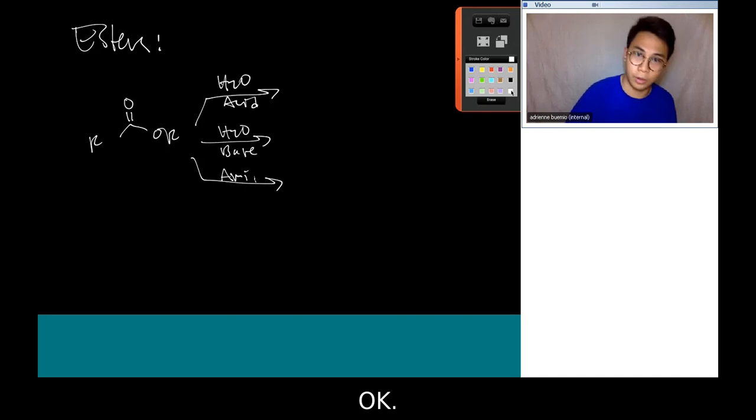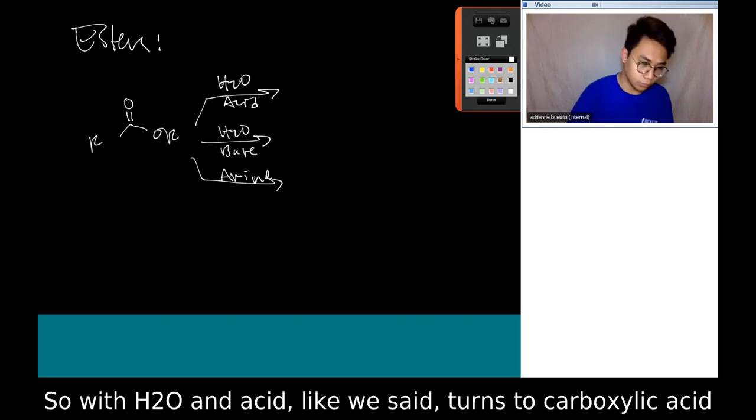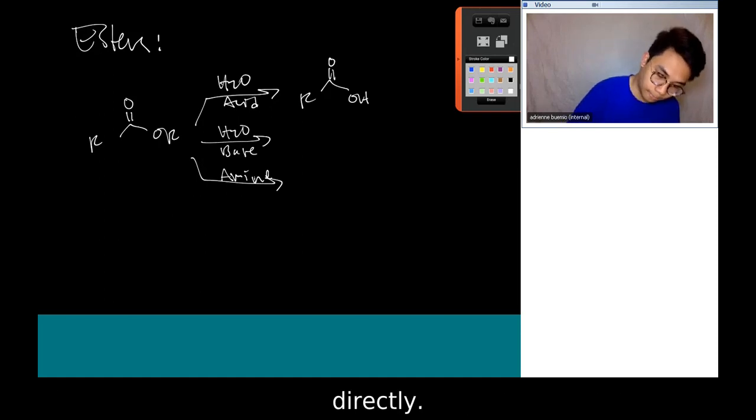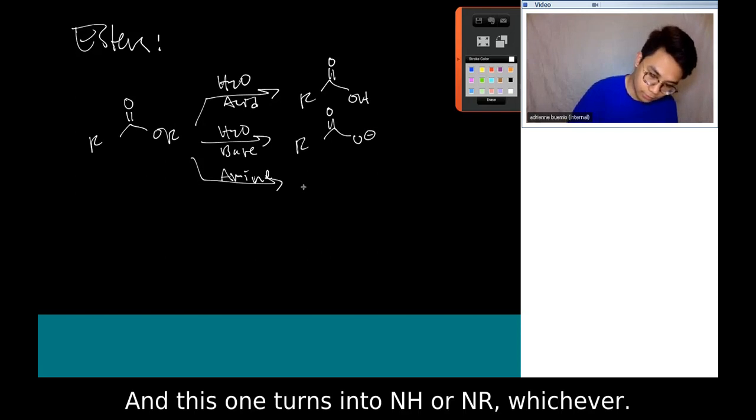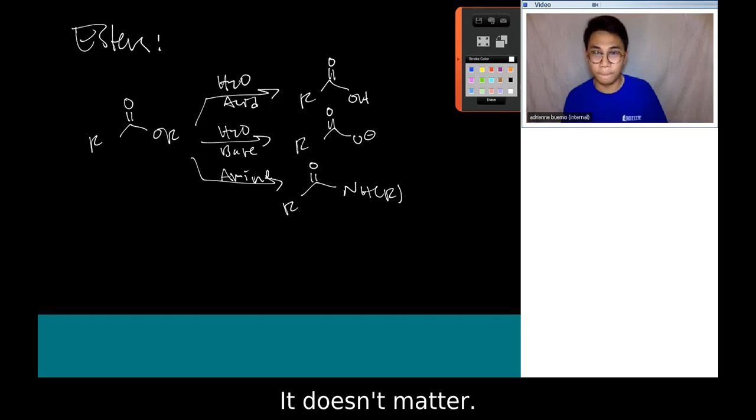Amine. Okay, so with H2O and acid, like we said, this turns to carboxylic acid directly. This one turns into a carboxylate anion, and this one turns into NH or NR, whichever, it doesn't matter.